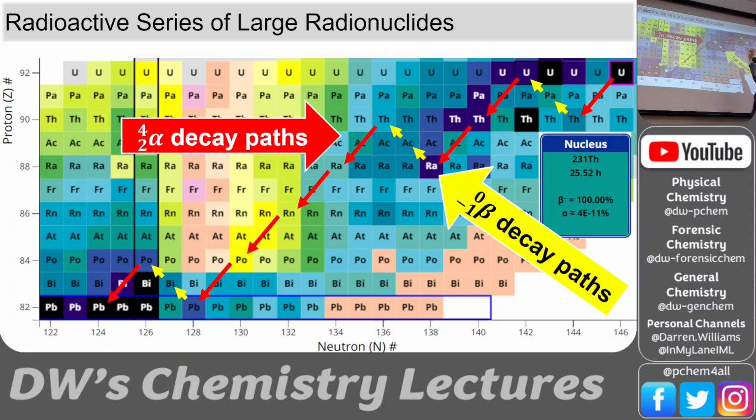And then alpha to thorium, alpha to radium, 2 more betas, now we're back to thorium, and then we have a run all the way down to lead. Thorium to radium, radium to radon, radon to polonium, and polonium to lead. And then this is not a stable form of lead, so it spits out 2 betas, it becomes polonium, and then you get another alpha, and now we're at a really stable form of lead.